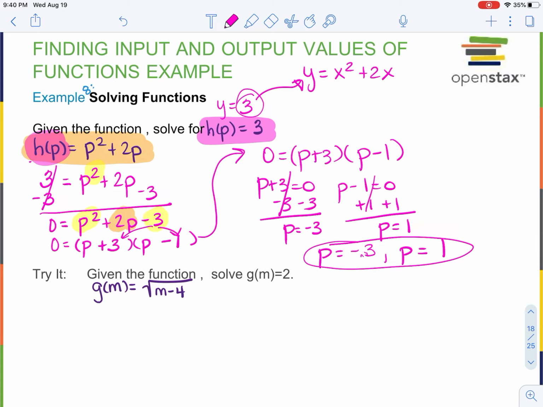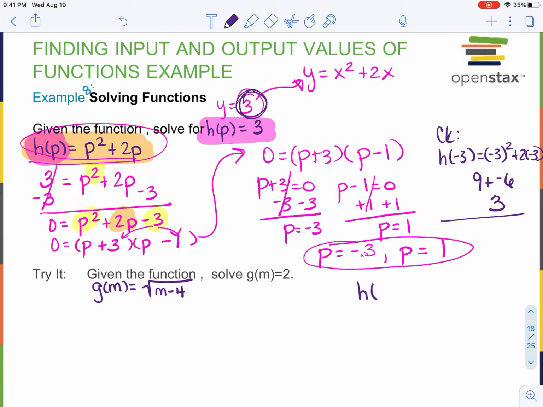If you put negative 3 into this original function, let's just check it to make sure. Go back to the original function. If we have h of negative 3 is equal to negative 3 squared plus 2 times negative 3. So negative 3 squared is 9. 2 times negative 3 is negative 6, so 9 plus negative 6 is 3.